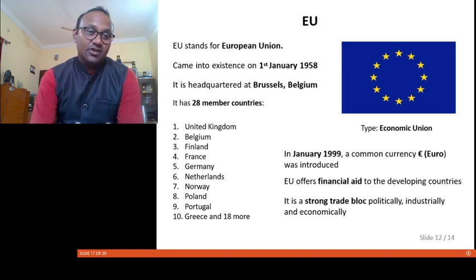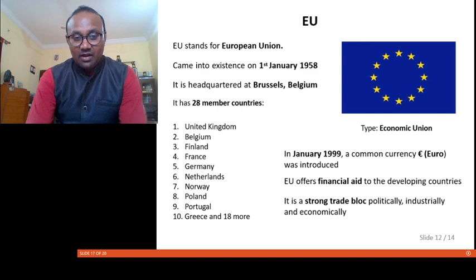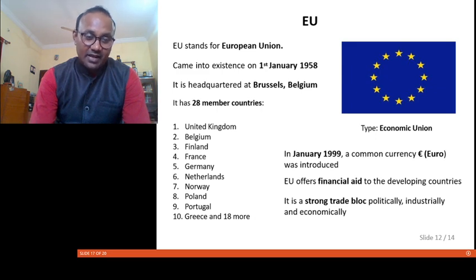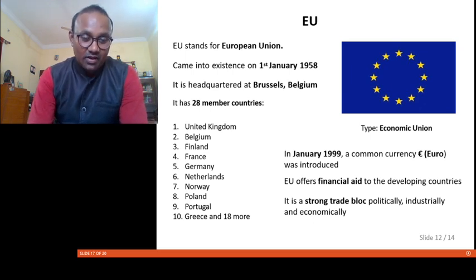All these countries in the European continent decided to come together and form a common economic union, because they're all closer in proximity. They constituted themselves as an economic union, removed border restrictions to a large extent, and removed tariff and non-tariff barriers between them. And to a large extent, they have done good work and good business.